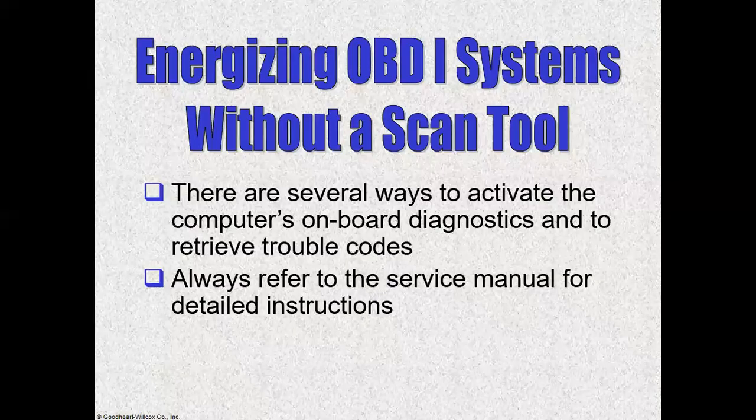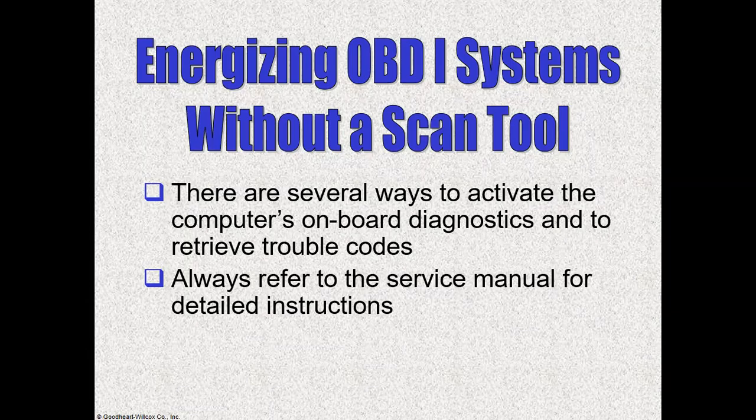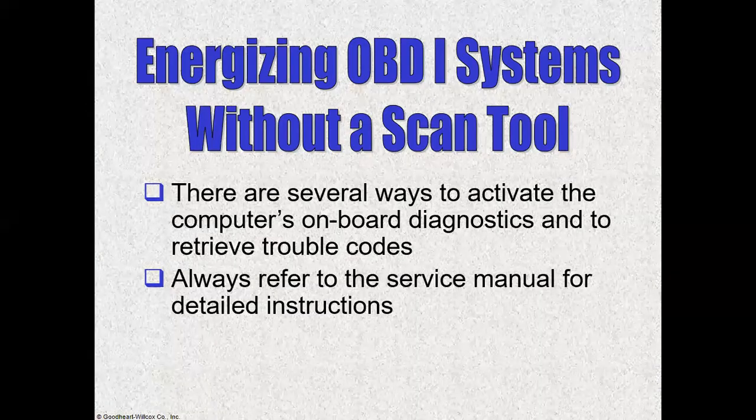When you come to the OBD1 system, we have to be specific. The way you retrieve the code on one vehicle is not going to be the same as on another make, but it always requires some bridging of pins. You have to know which particular pins to bridge in order to retrieve your code.